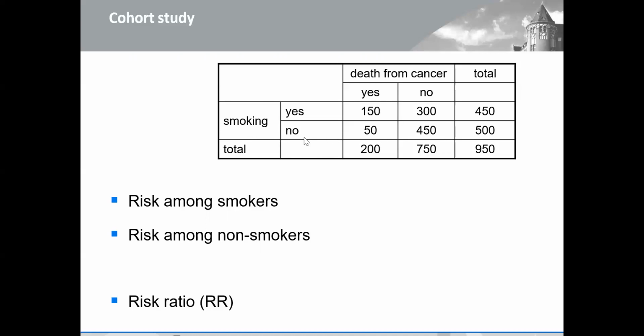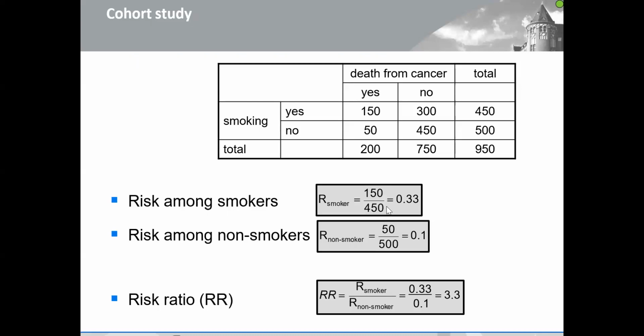Among non-smokers, we have 500. Out of those 500 non-smokers, how many died from cancer? There were 50. So our risk is 50 over 500.